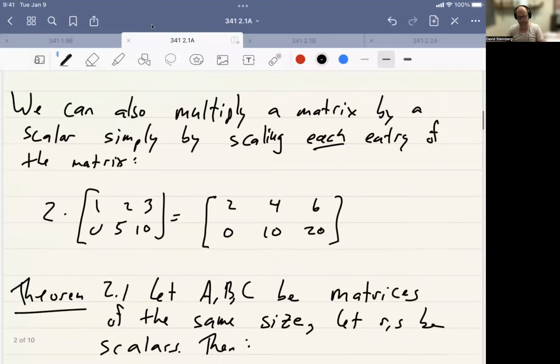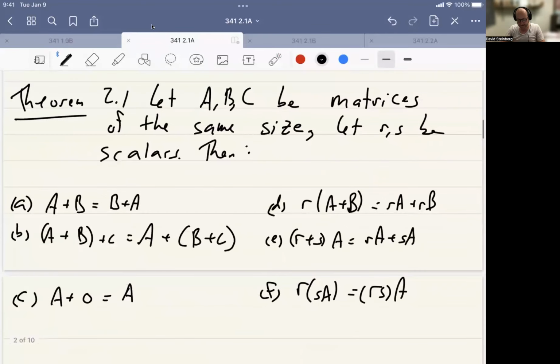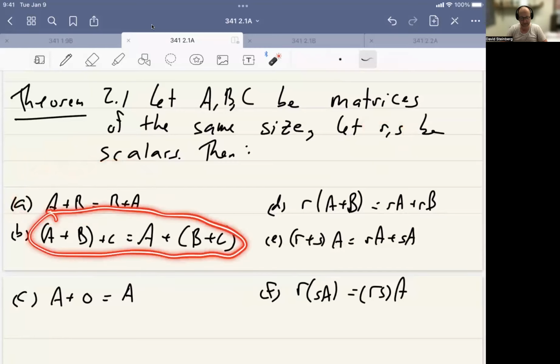Okay, and this next theorem says lots of the obvious properties of multiplication and addition still hold. So in particular, if A, B, and C are matrices of the same size, and r and s are any scalars, then it doesn't matter the order that we add them in. It doesn't matter how we bracket the addition.